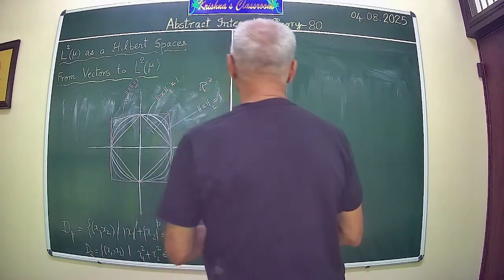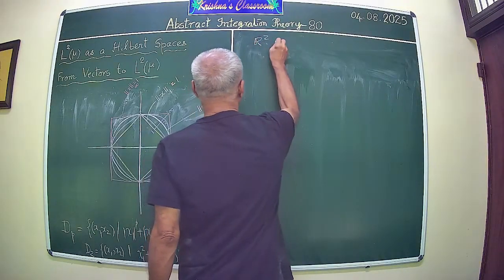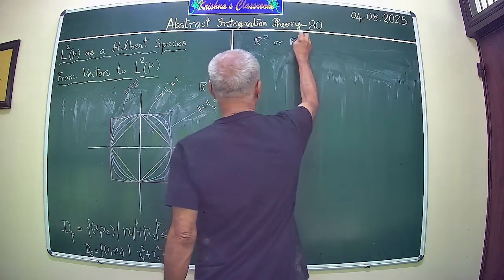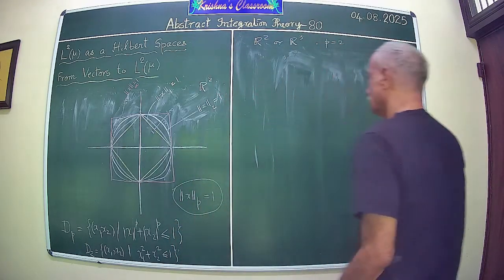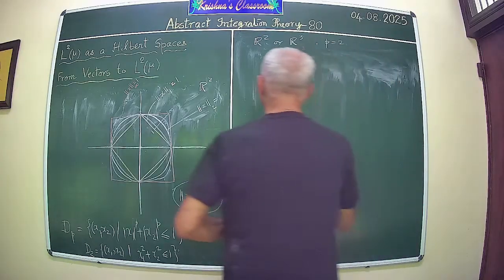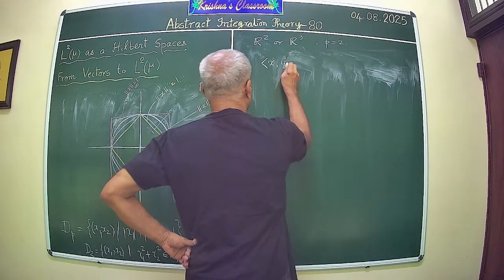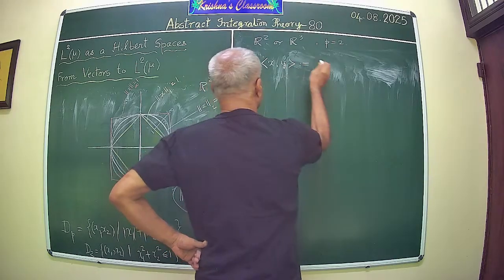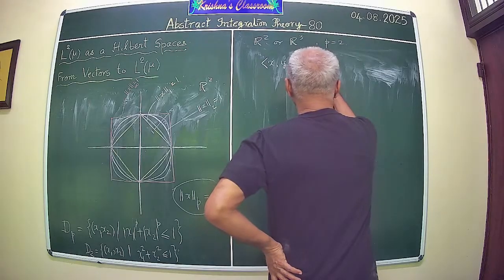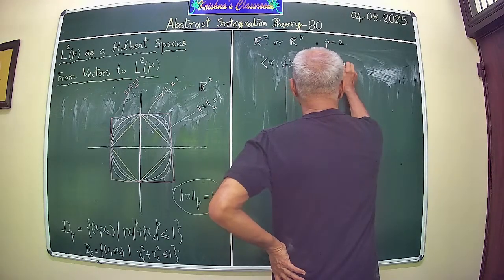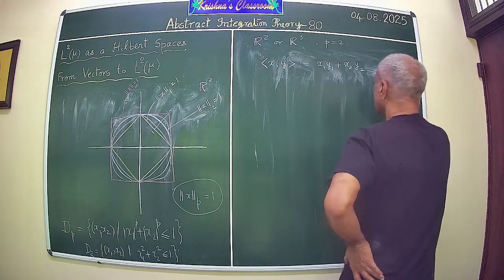So in R2, now let us define, between two vectors x, y, something which we shall interpret later as x1 y1 plus x2 y2.